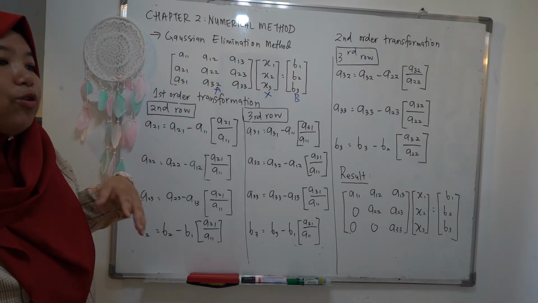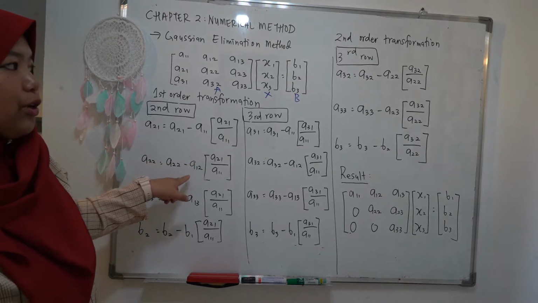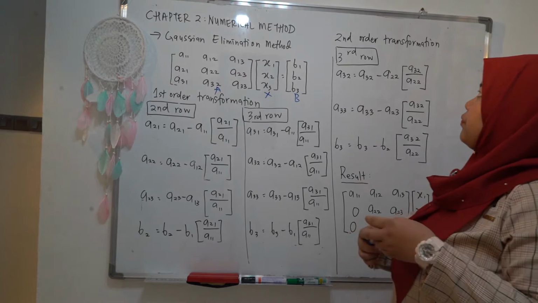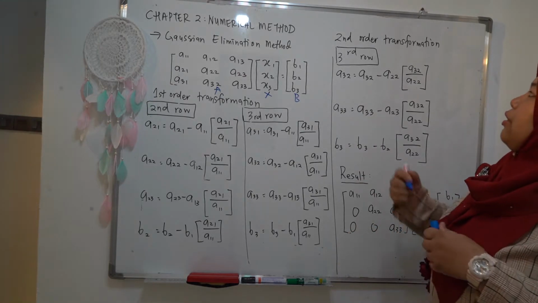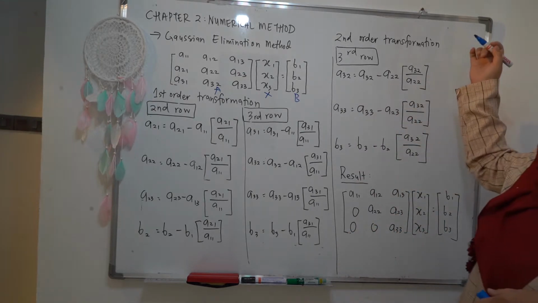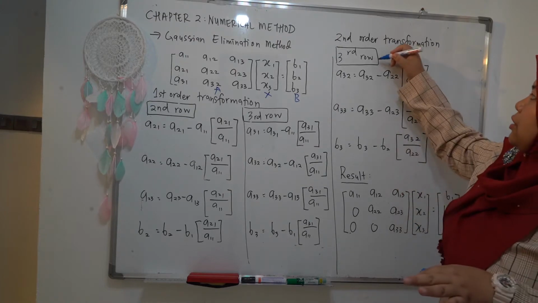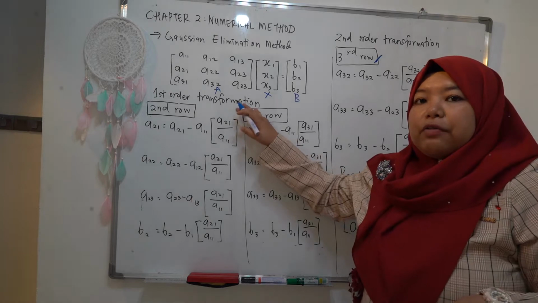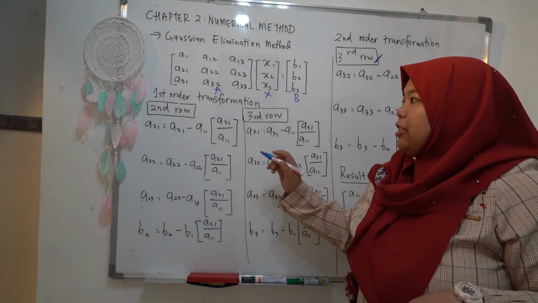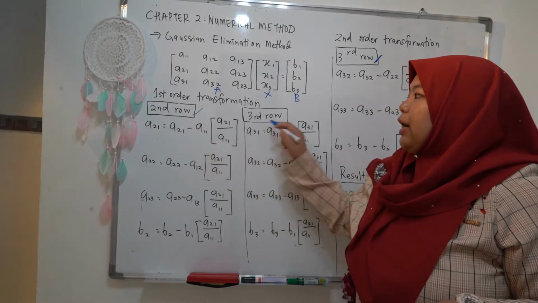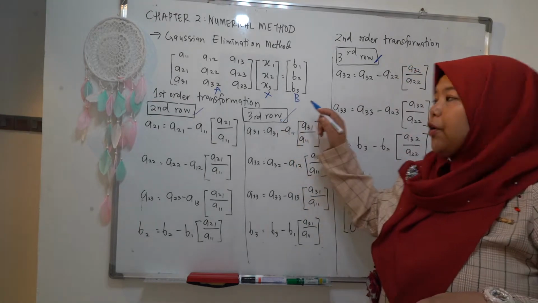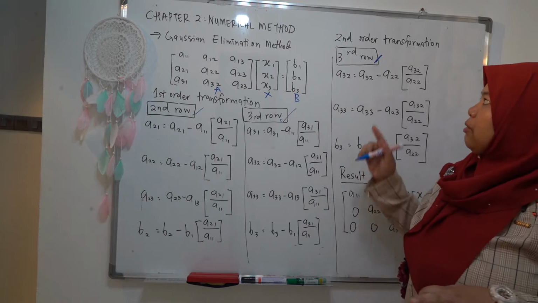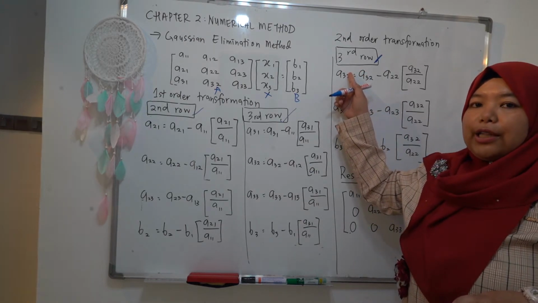When you are done copying the new numbers, we apply the second order transformation. For the second order transformation, we just focus on the third row. It is different from the first order transformation, where we change the numbers in the second row and the third row. For the second order transformation, we change numbers in the third row only.